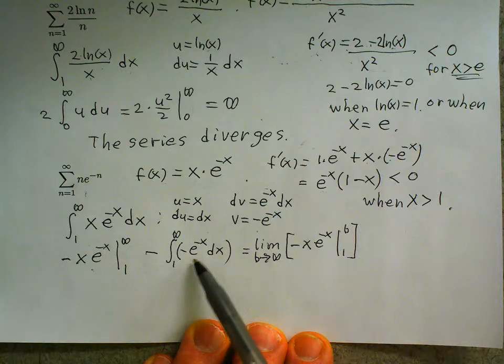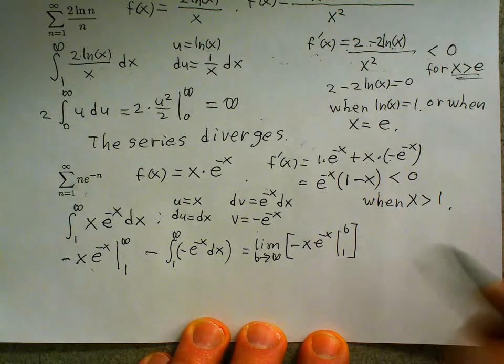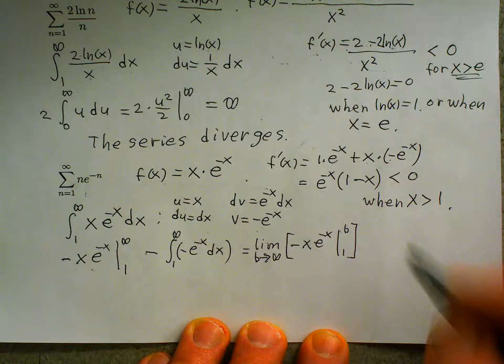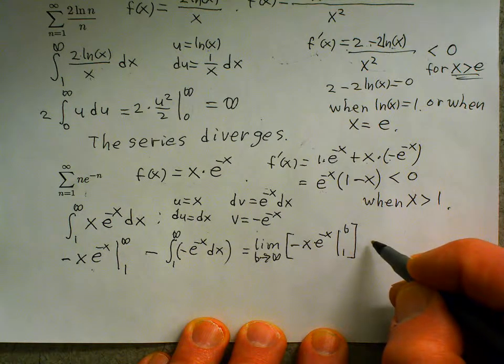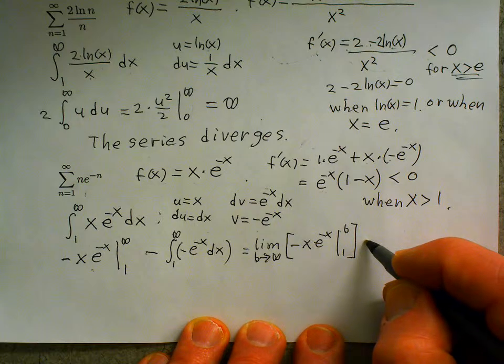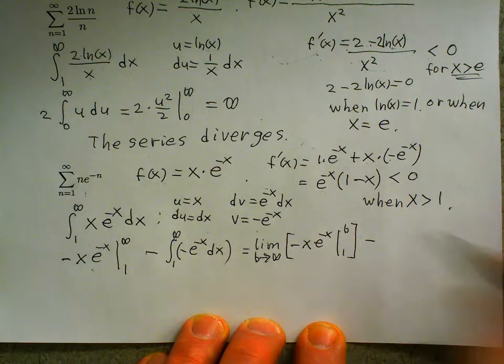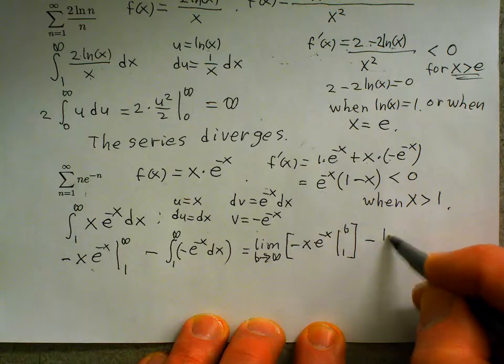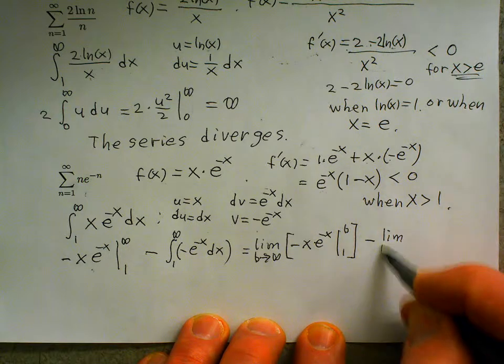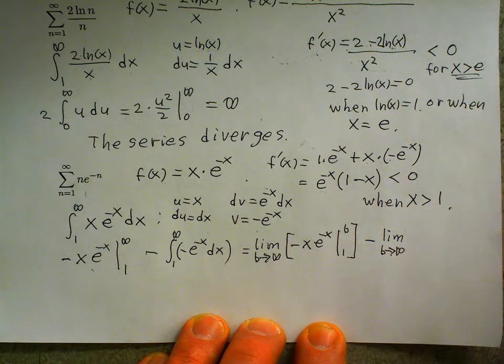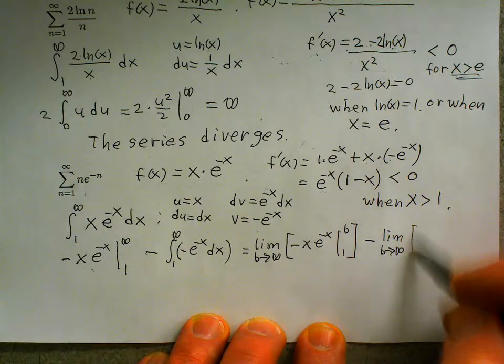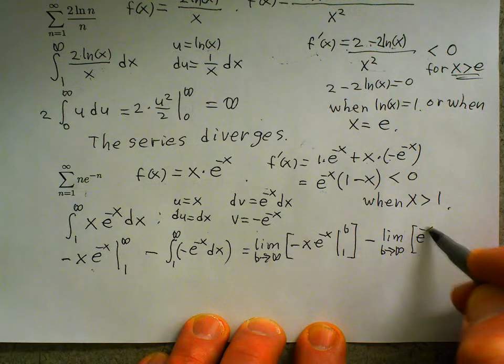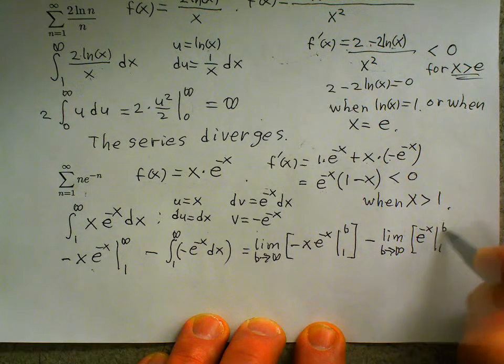But the integral of e to the negative x is negative e to the negative x. So we can write this as minus the limit as b approaches infinity of e to the negative x from 1 to b.